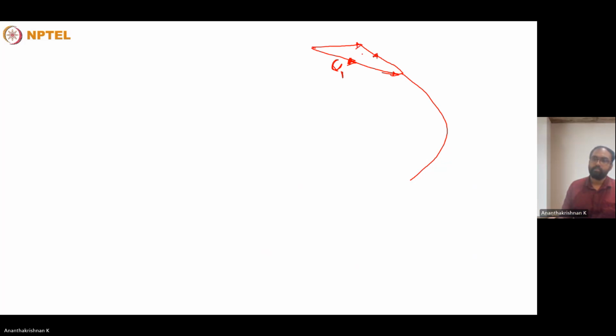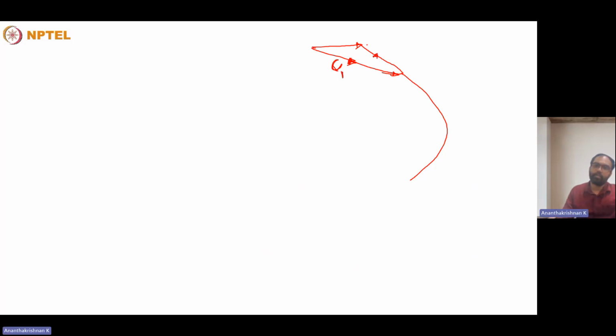This is the blade velocity U1. This one is the relative velocity VR1. We try to extend it to here.